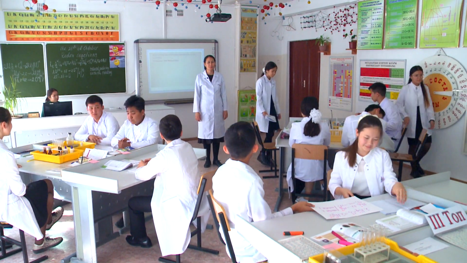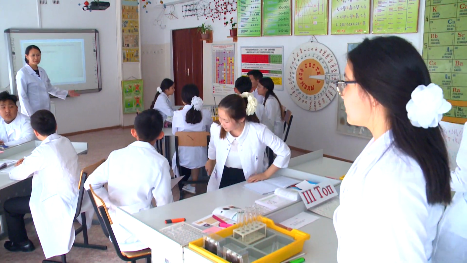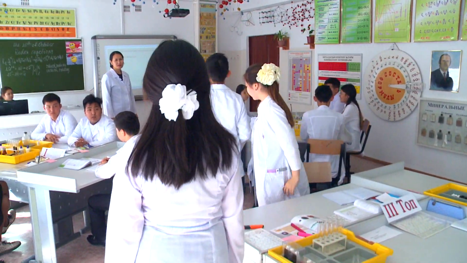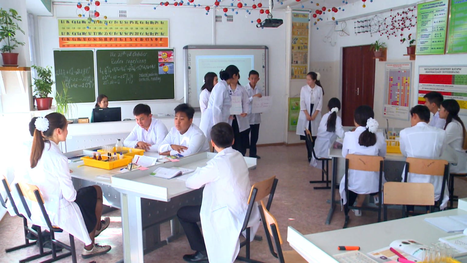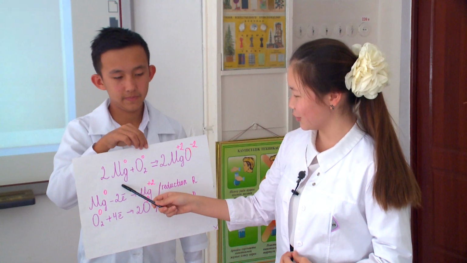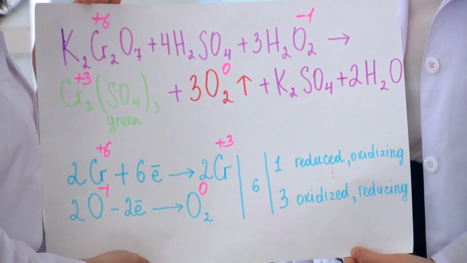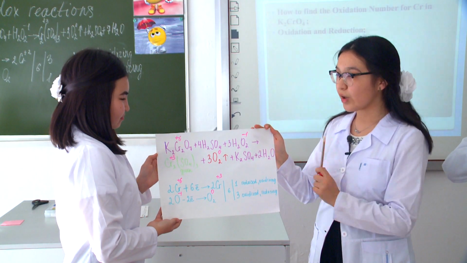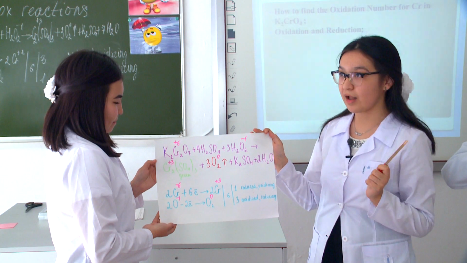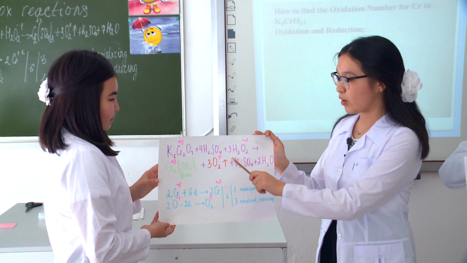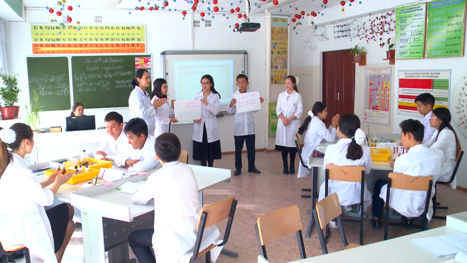And the third group, come to the blackboard and give us your conclusion. When magnesium metal burns, it reacts with oxygen to form magnesium oxide. At the end of the reaction, we have chromium sulfate. Chromium sulfate has a green color, and we have oxygen gas. Well done, students.